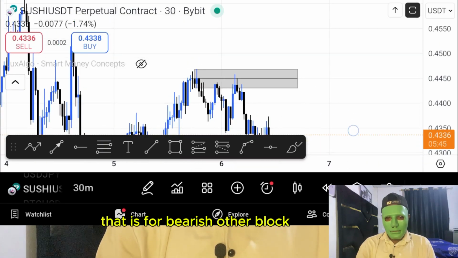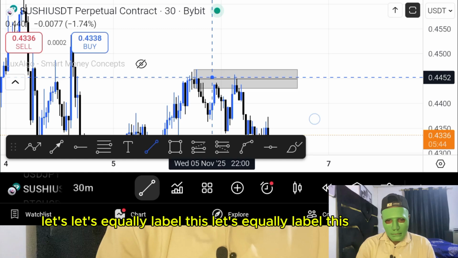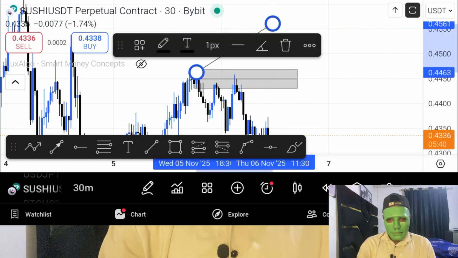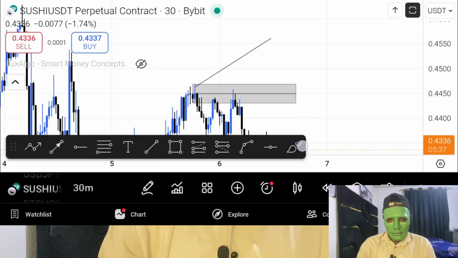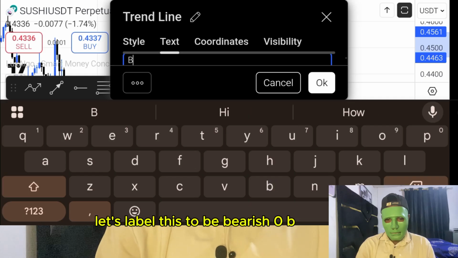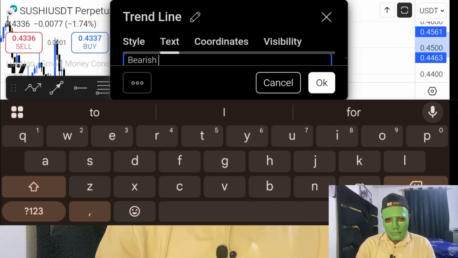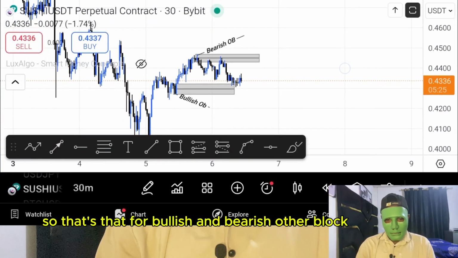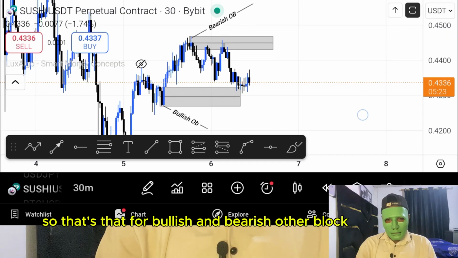That is for a bearish order block. Let's equally label this as a bearish OB. So that's that for bullish and bearish order blocks.